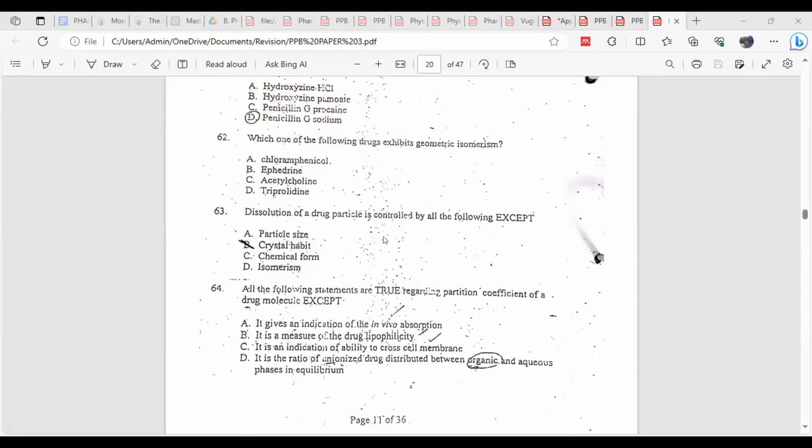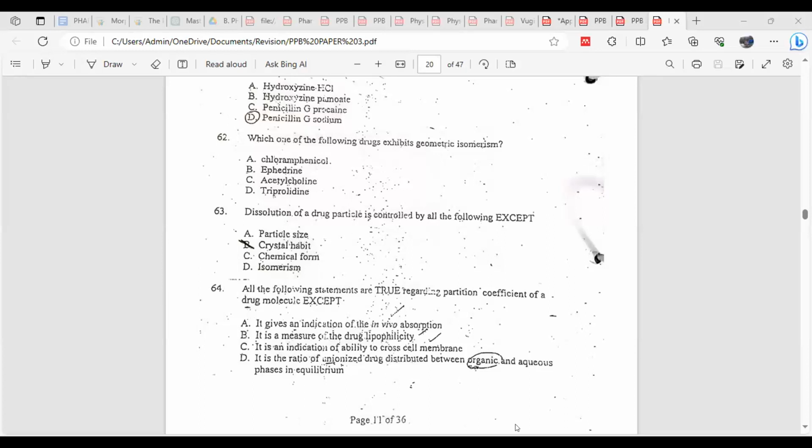Hydrodynamics, and let me see if there's anything else between the chemical. The ones I've confirmed: particle size, crystal habit.